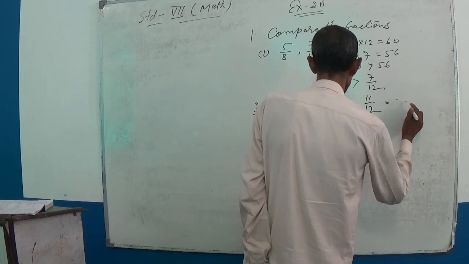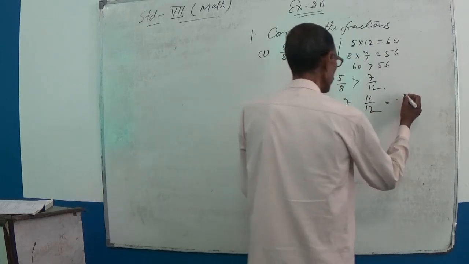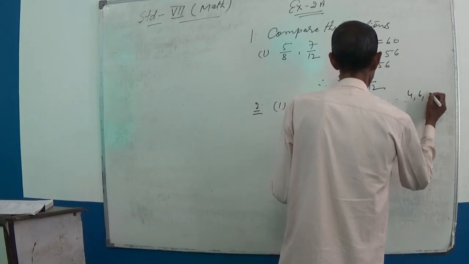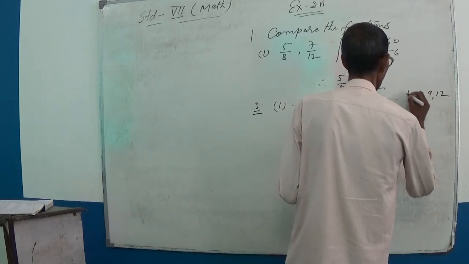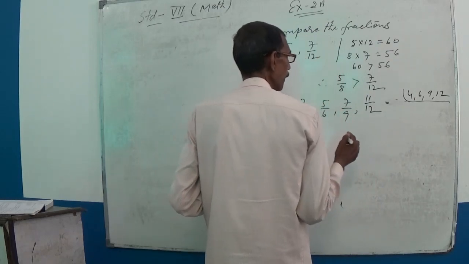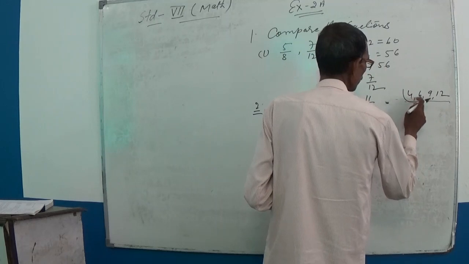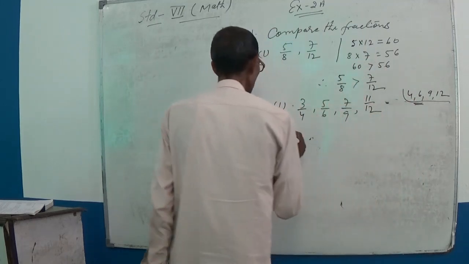So here the denominators of the given fractions are 4, 6, 9 and 12. So the LCM of 4, 6, 9 and 12 is 36.